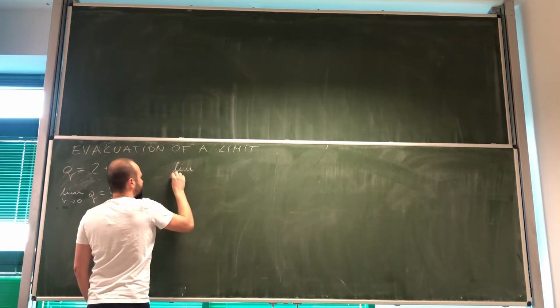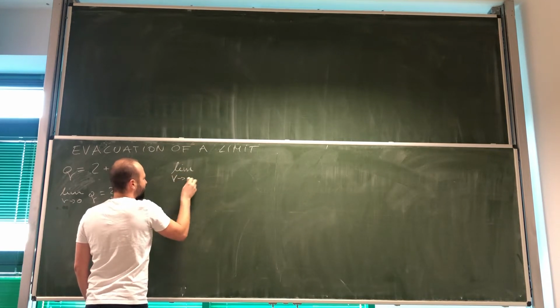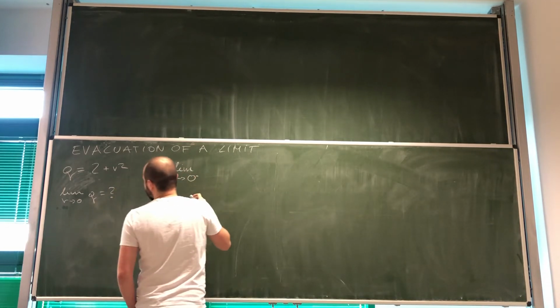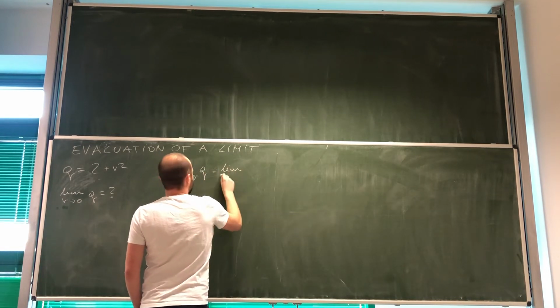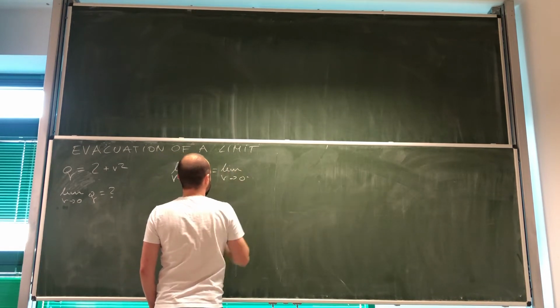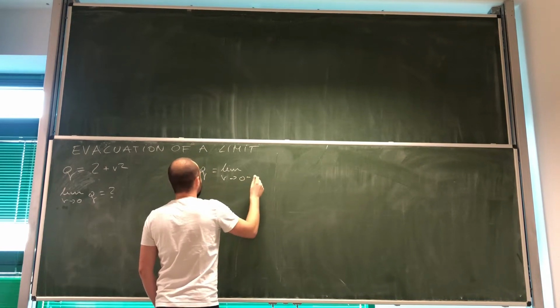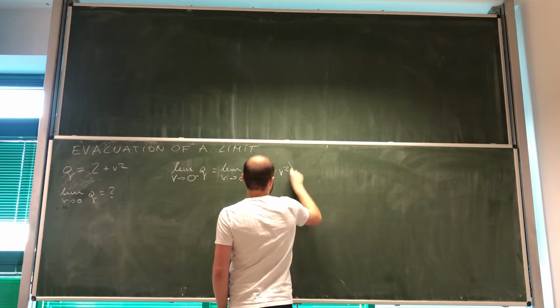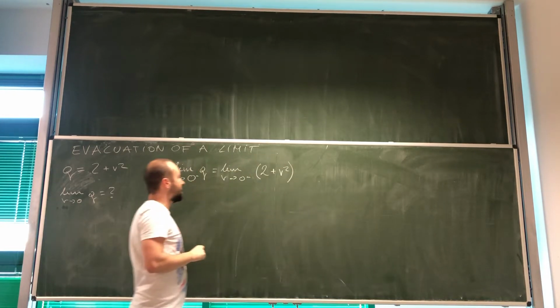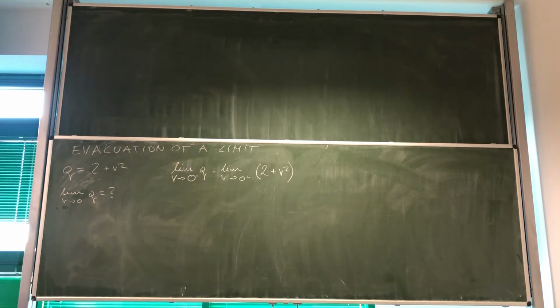So the limit with v approaching 0 from the left-hand side of q, which in our case is the limit with v approaching 0 from the left-hand side of 2 plus v squared. Okay, look, how do we approach this problem?